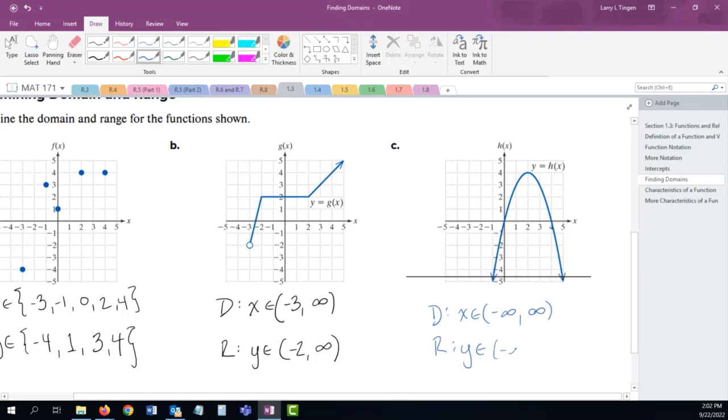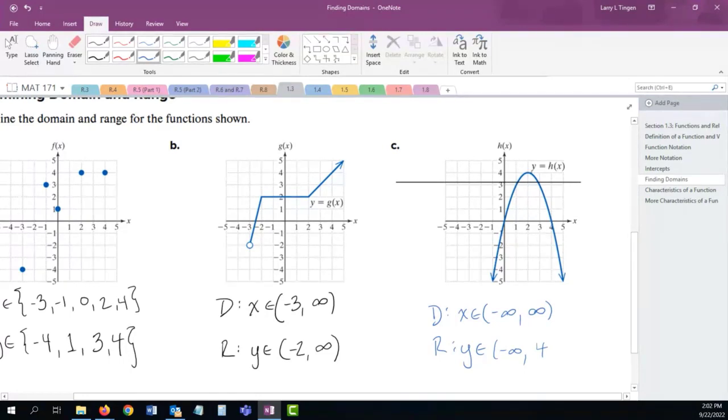So I'm starting out at negative infinity, and then I work my way up until I stop hitting the graph. Where do I stop hitting the graph? Just above 4, right? So the range ends at 4.